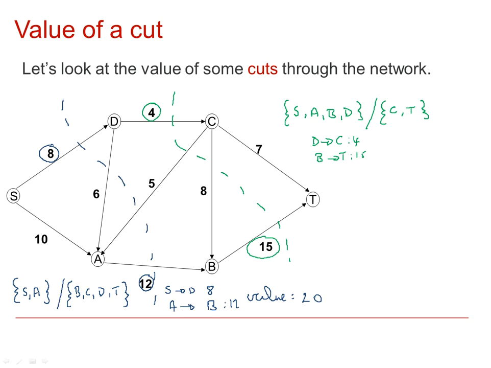C to A, C to B are both coming from the sink set into the source set. So here we've got a value of 19.